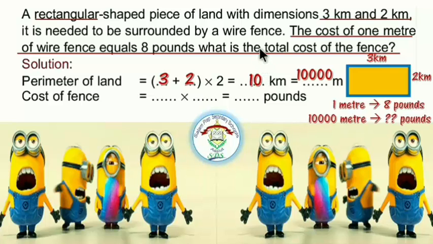In our problem, the cost of 1 meter of wire is given, so we want to calculate the perimeter of land in meters. So 10 kilometers equal 10,000 meter. From kilometer to meter we will put 3 zeros.